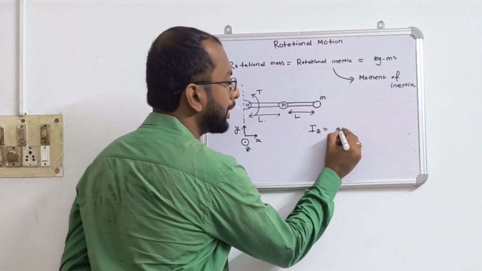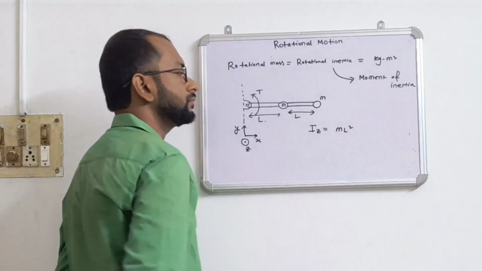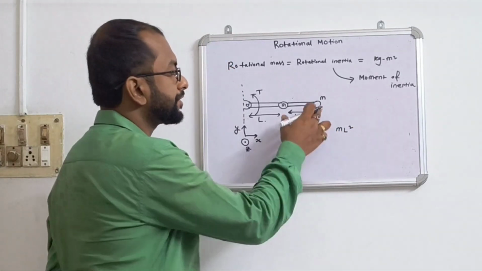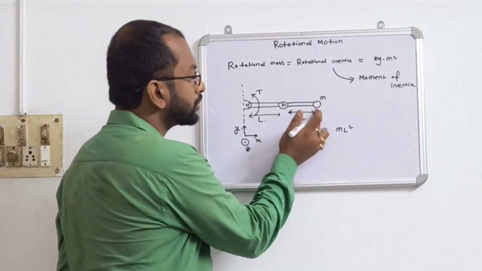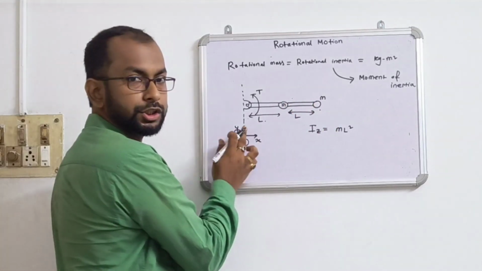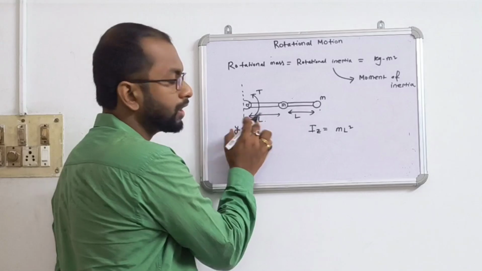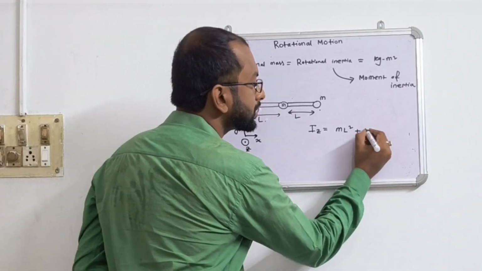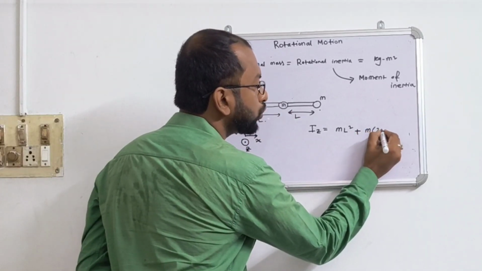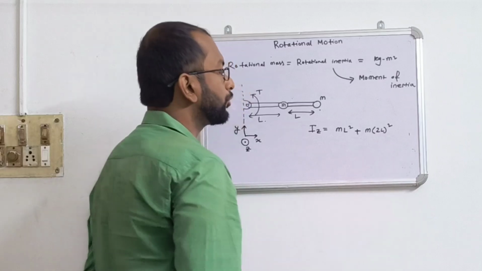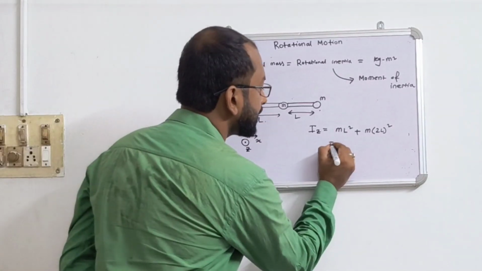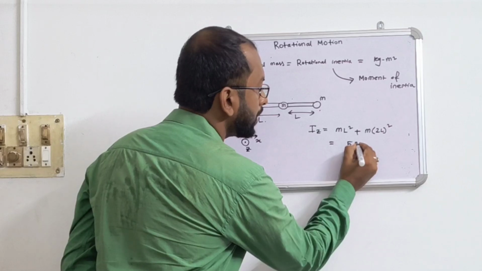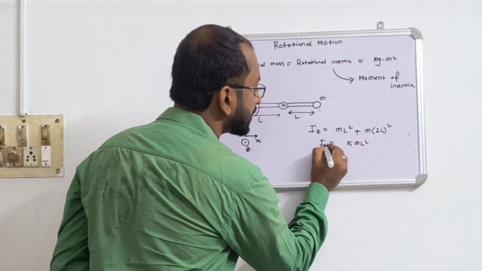So we can write m into L square. But this mass is also attached with a massless rigid body. So this mass is located at how much distance from this center of rotation? L plus L, 2L. So plus m into 2L square. That will be the moment of inertia with respect to this axis. So it is basically 5 into ml square, Iz.